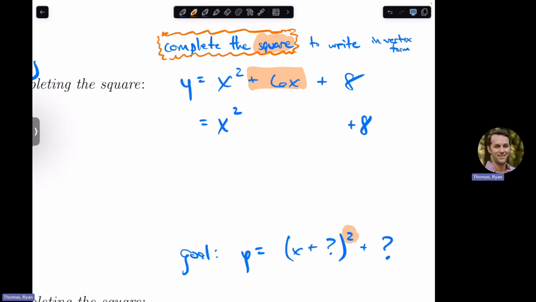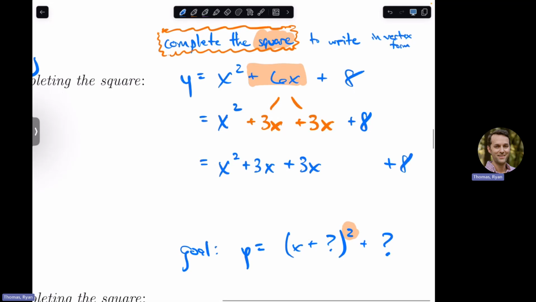If I'm going to make this factor like a perfect square, I need to break that up into two pieces, but they need to be the same. So what do you get when you split 6x in half? I'm just going to space things out a little bit.